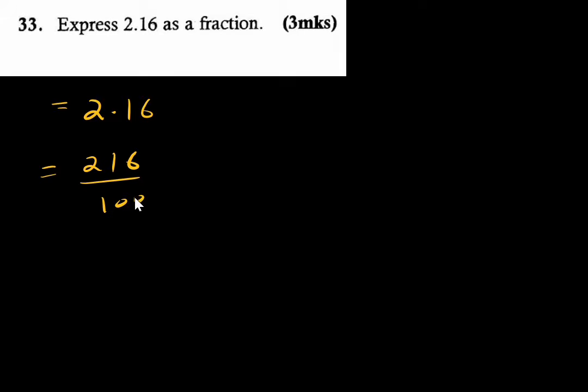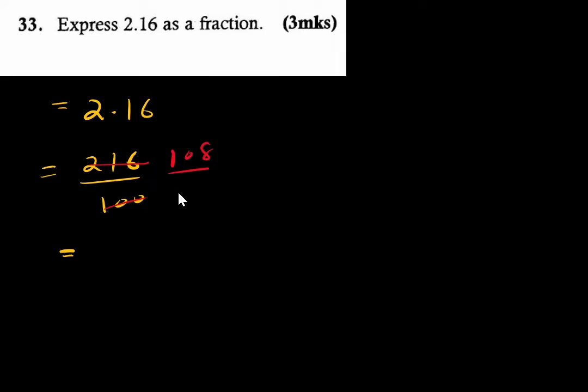If we divide by 100, remember each 0 replaces a decimal point place. So it is 216 over 100. So you can simplify this by 2. By 2, we get 108.